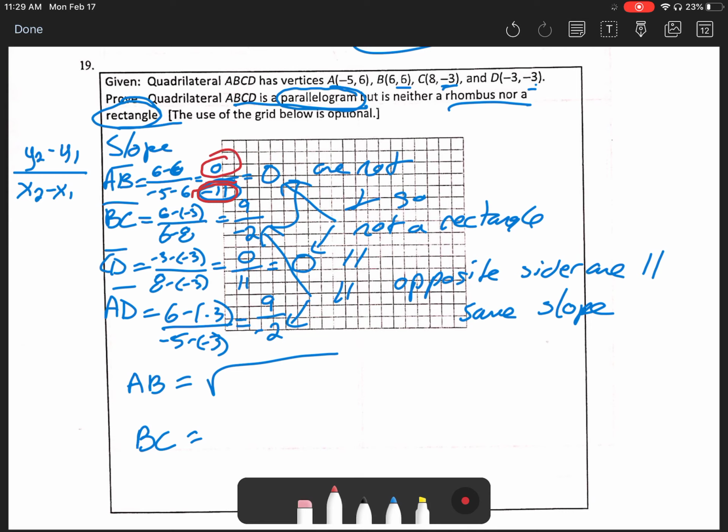But we'll just do this. It's going to be negative 5 minus 6 squared plus 6 minus 6 squared. So that's going to be negative 11 squared plus 0 squared, which is the square root of 121, which is just plain old 11.